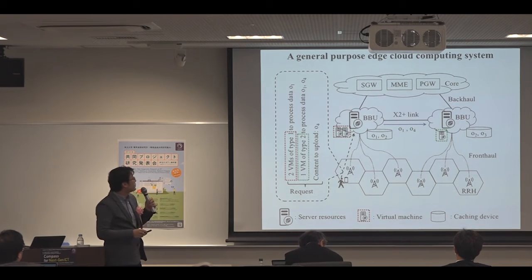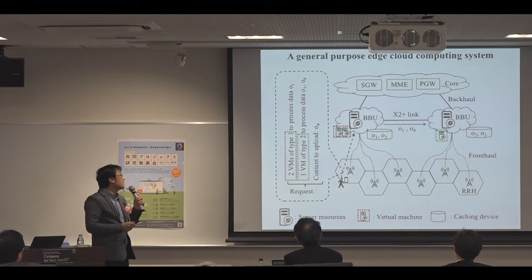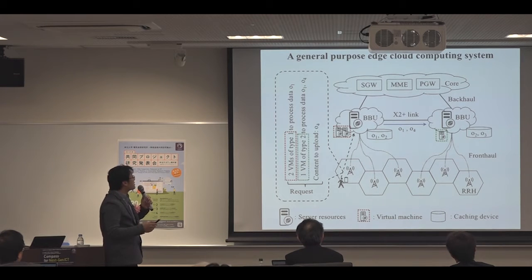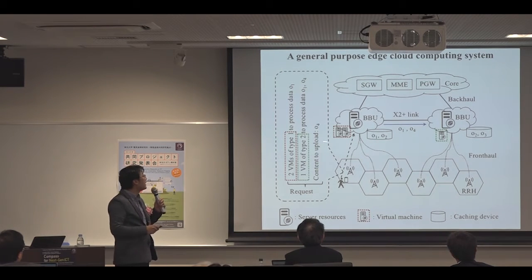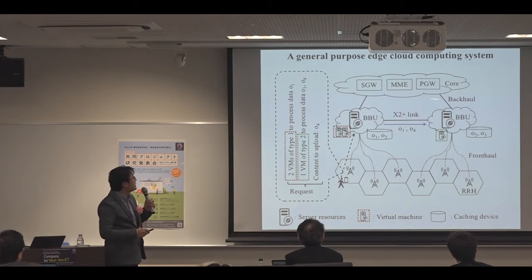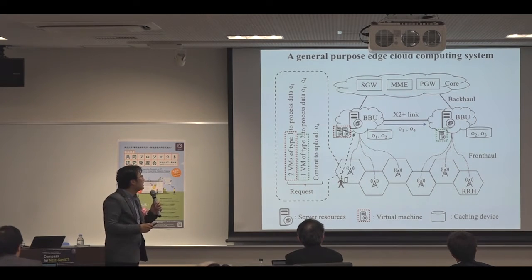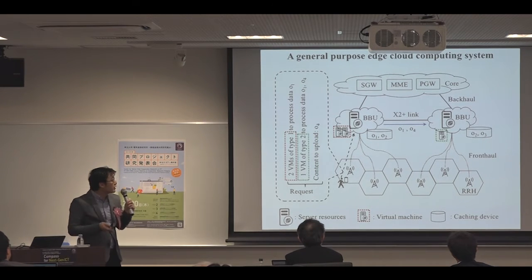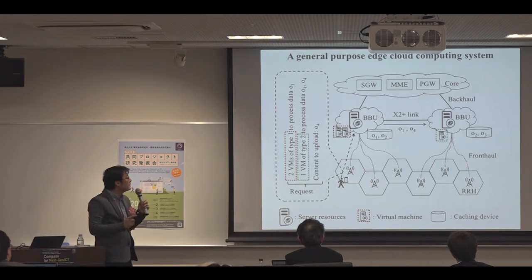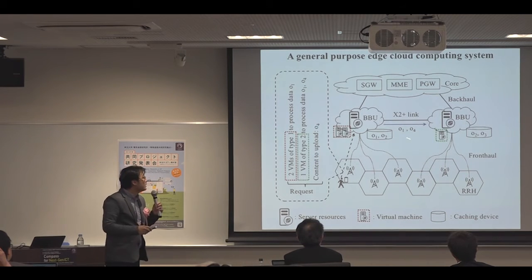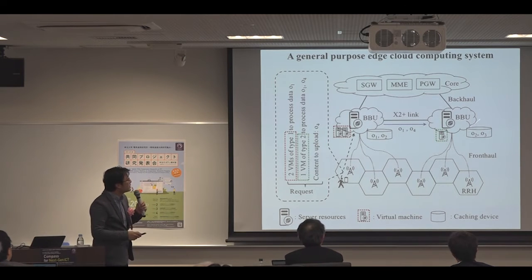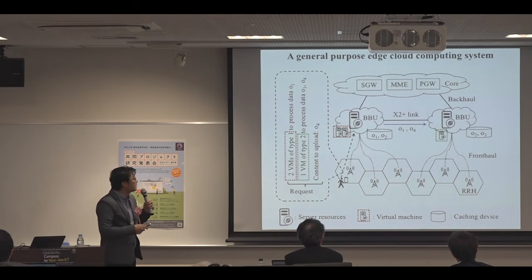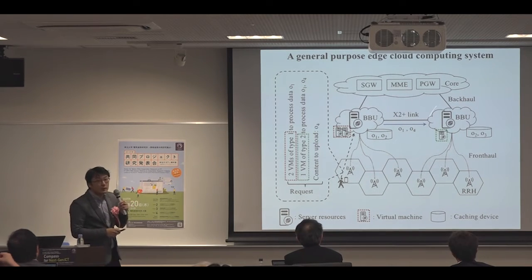It's a very popular architecture of the post-LTE era. We can see that in every edge computing data center, there are computing resources and storage, as well as the traditional resources. The provider also deploys some caching devices, and between the distributed data centers, there is a high-speed internet.